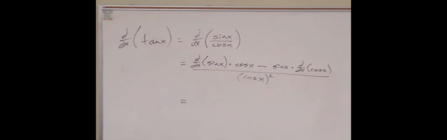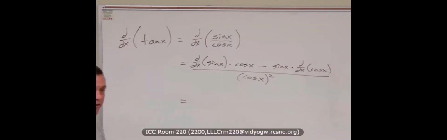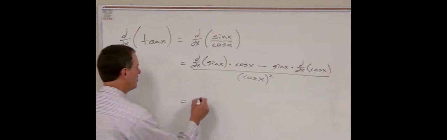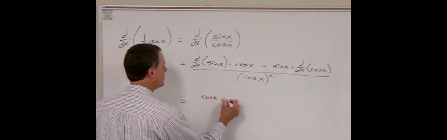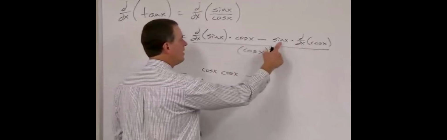I feel like I had to prove this somewhere. And what's the derivative of sine of x? Cosine of x. Cosine of x times cosine of x minus, I've got sine of x times the derivative of cosine, which is negative sine of x.